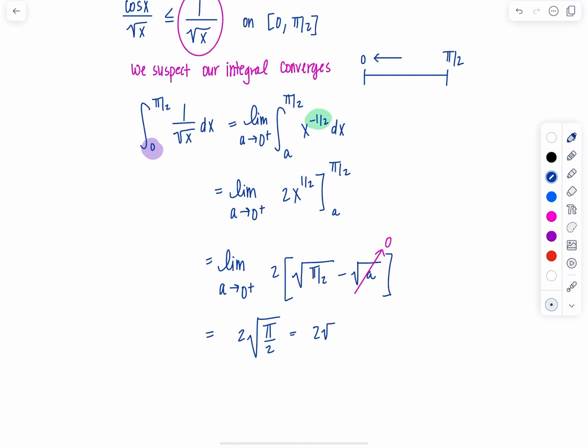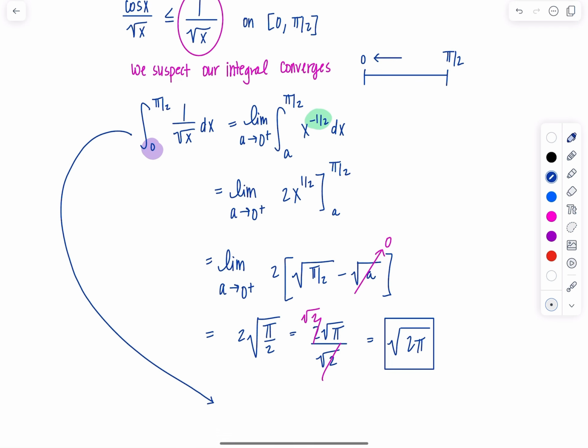And you can write that as 2 rad pi over rad 2. This rad 2 cancels, and now I just have rad 2 in the numerator. Rad 2 times rad pi, I could put them underneath the same radical, rad 2 pi. So as long as you get a finite number, that means your improper integral converges.